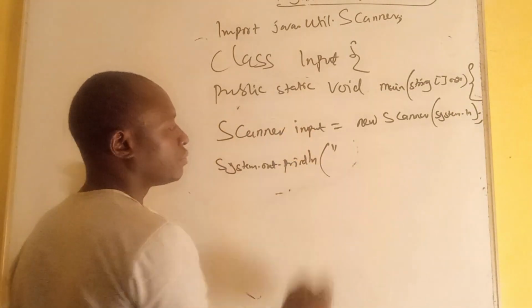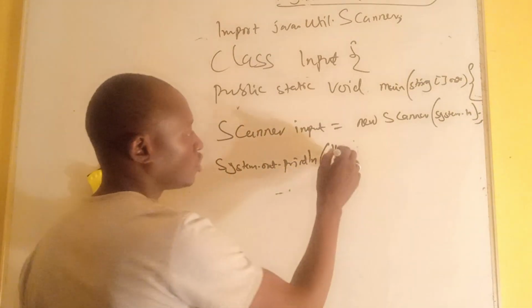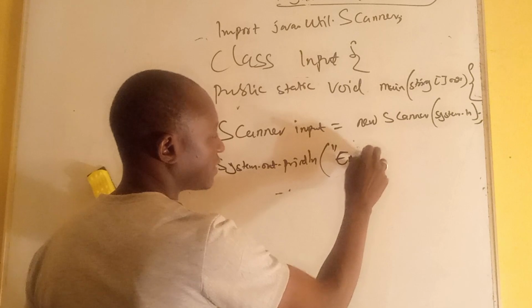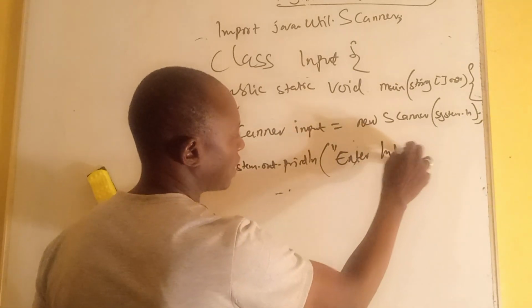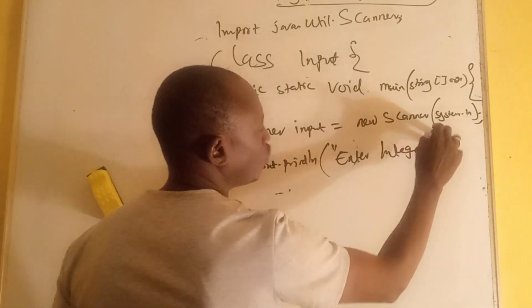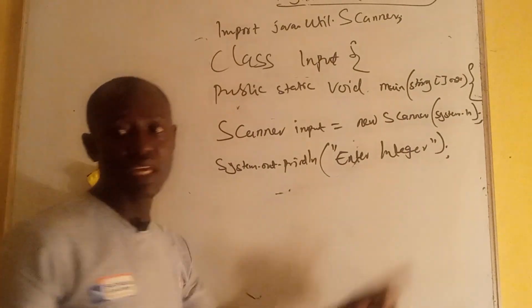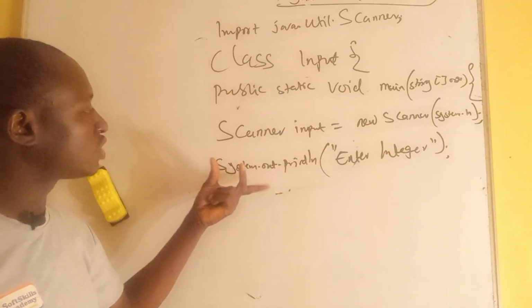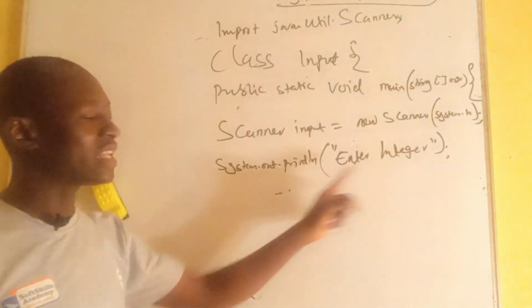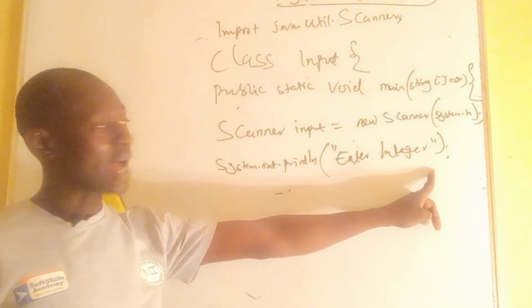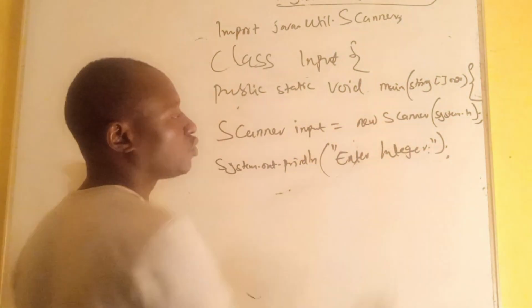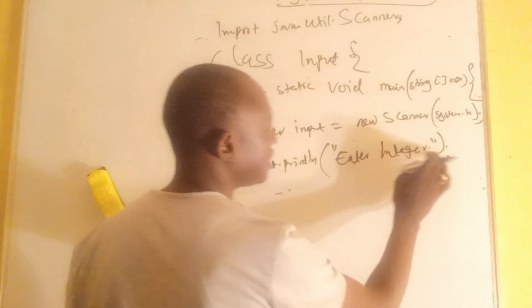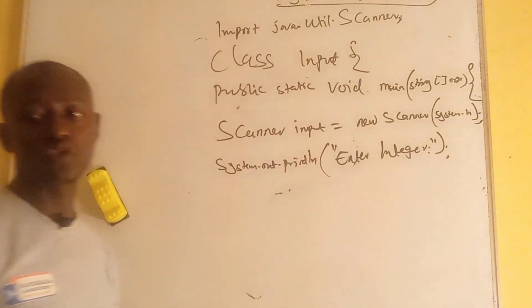So what are we printing out? We say, enter integer number. So this very line will display a prompt for the user to enter an integer value. We might put a colon like this and then leave a space if possible.